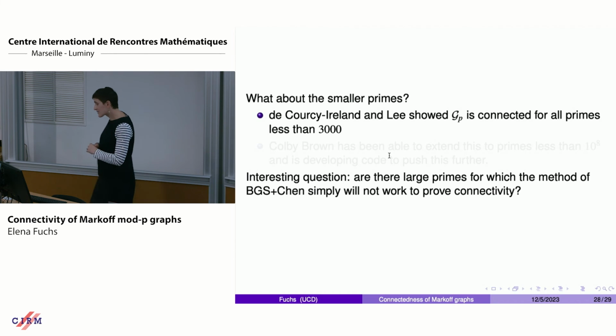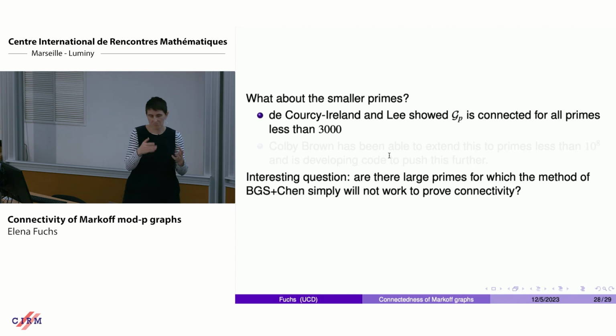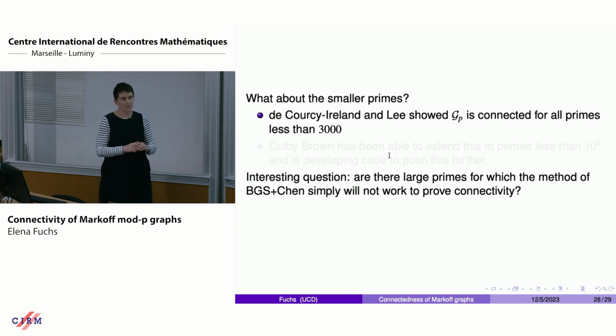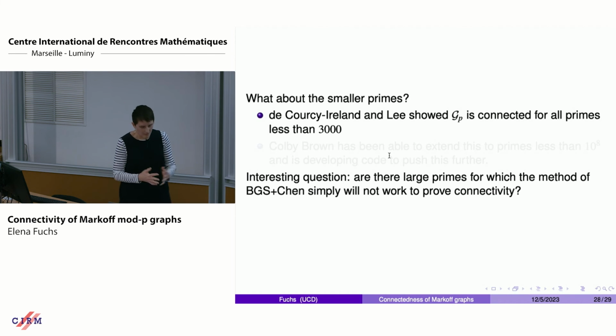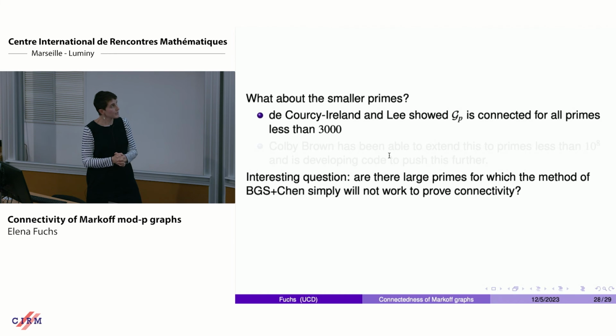And for expander graphs, this equidistribution happens very quickly if you look at all the graphs mod P. If you compare the error between equidistribution and your actual probability, that should be getting small quickly for expander graphs.